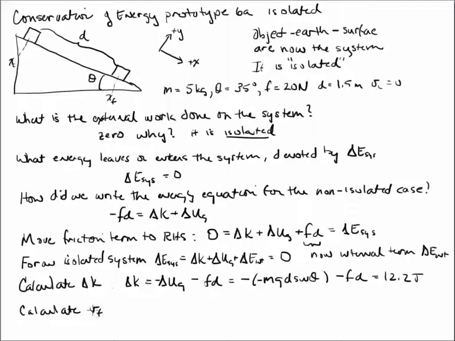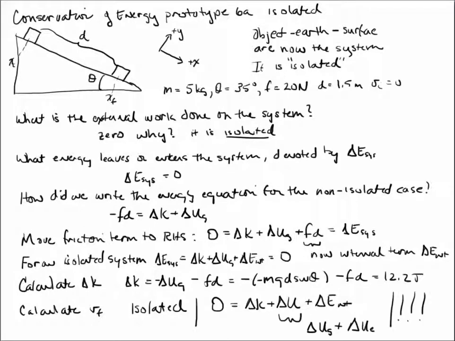Now we can calculate vf because we know the change in kinetic energy and how it's related to the final velocity. We know the actual number for the change in kinetic energy is 12.2 joules. So for an isolated system, all we write is that 0 is equal to the change in kinetic energy plus the change in potential energy plus the change in internal energy.